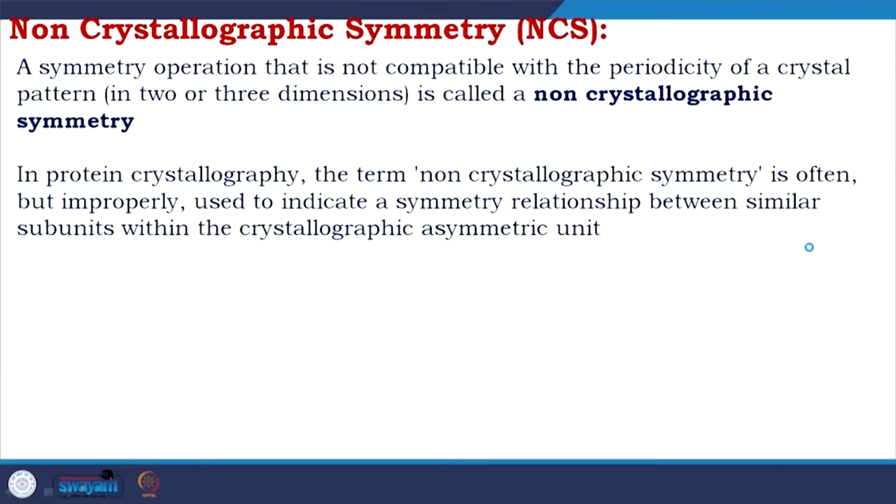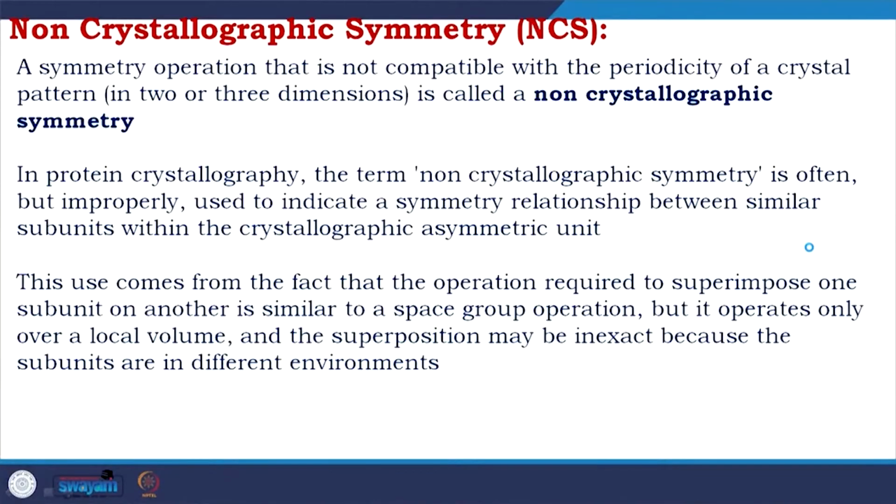In protein crystallography, the term non-crystallographic symmetry is often but importantly used to indicate a symmetry relationship between similar subunits within the crystallographic asymmetric unit. So, when you get the protein in the asymmetric unit, then whether it is a biological dimer, tetramer, trimer, those would be decided.